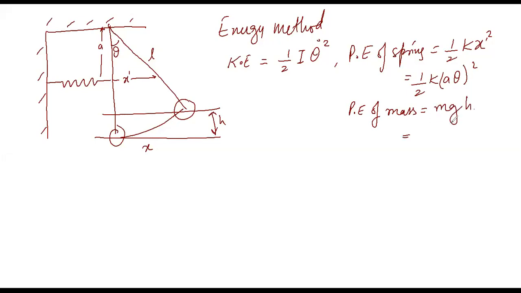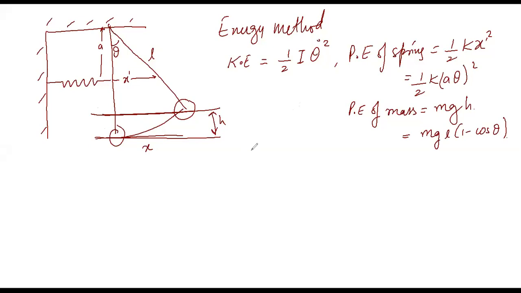If we find the distance h, we can write mg L(1 minus cos theta), right? h can be written as (1 minus cos theta) L, simple sir. You can also find this with the help of the geometry, right?